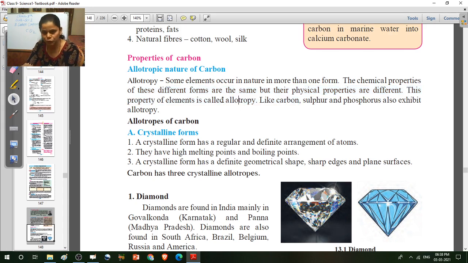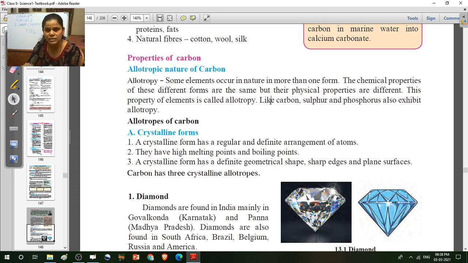Clear? Allotropy means the element is found in different forms, and the physical properties of that substance are different, but the chemical properties remain the same.